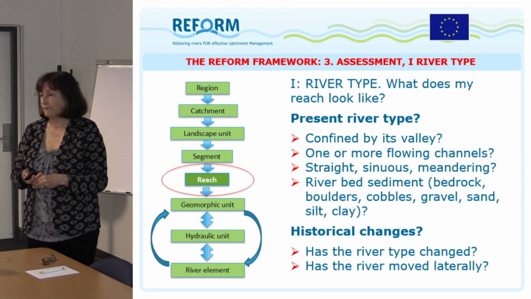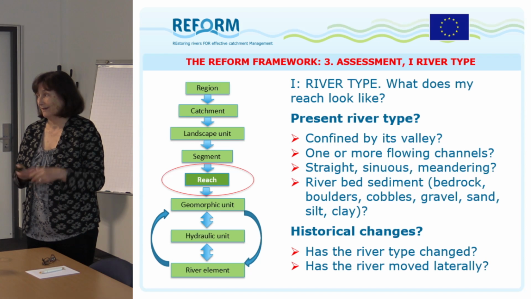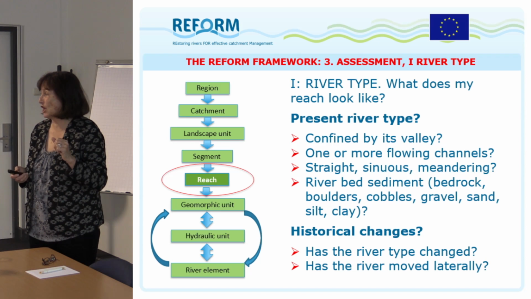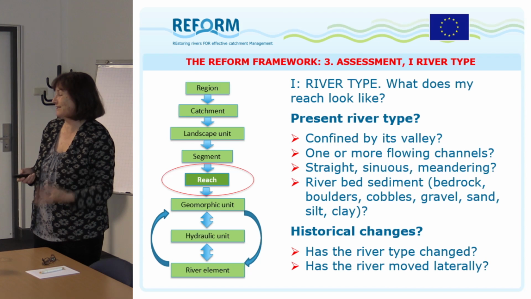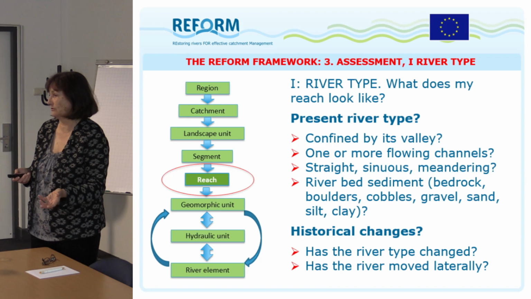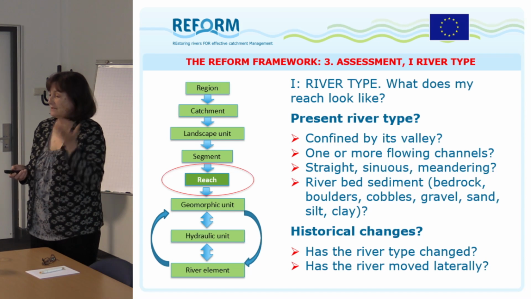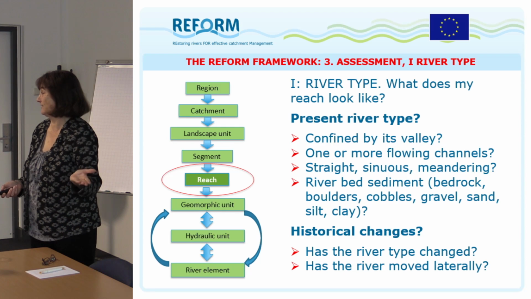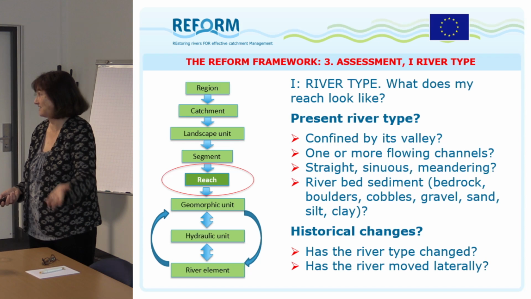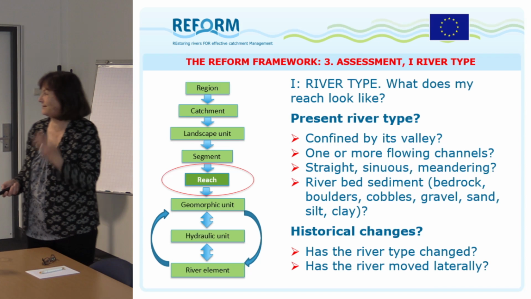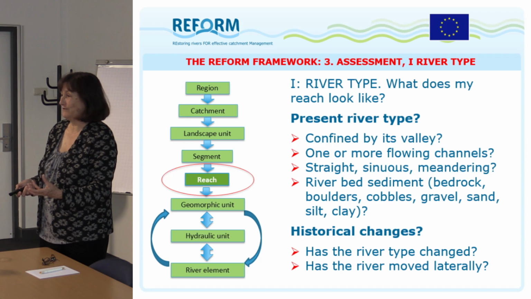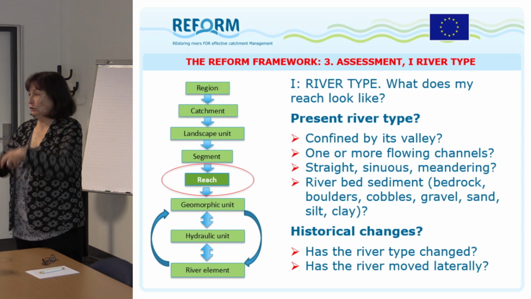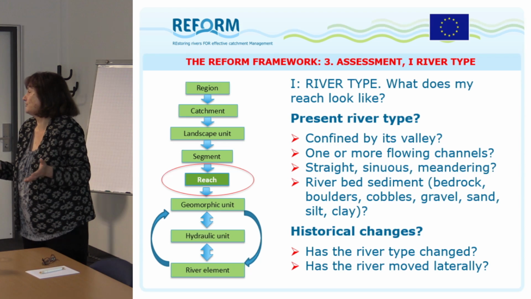We have 22 types plus a zero type, and the zero type we deem artificial. The only means of a type being artificial is that the bed is artificial. You know, if you've got a concrete lined channel, that's artificial. Otherwise, we start from the assumption that we've got something we could define in a natural context.